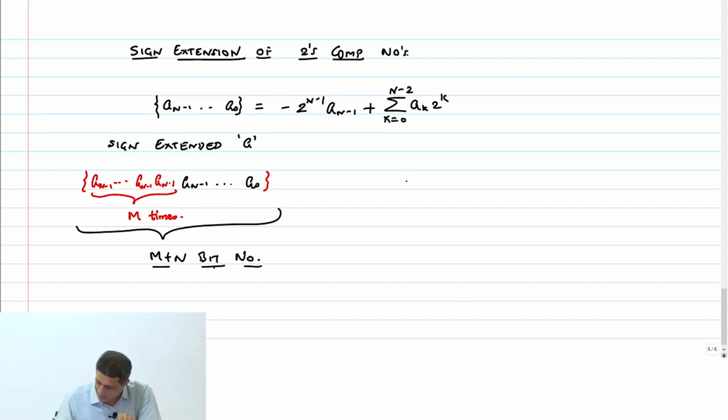Now I'm going to simply show that this m plus n bit number is exactly equal to this in value. If this is an m plus n bit 2's complement number, what is the value?